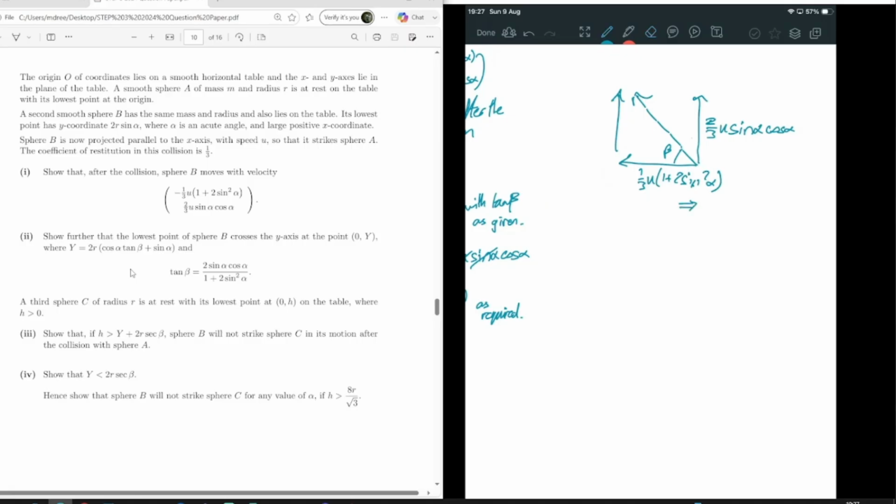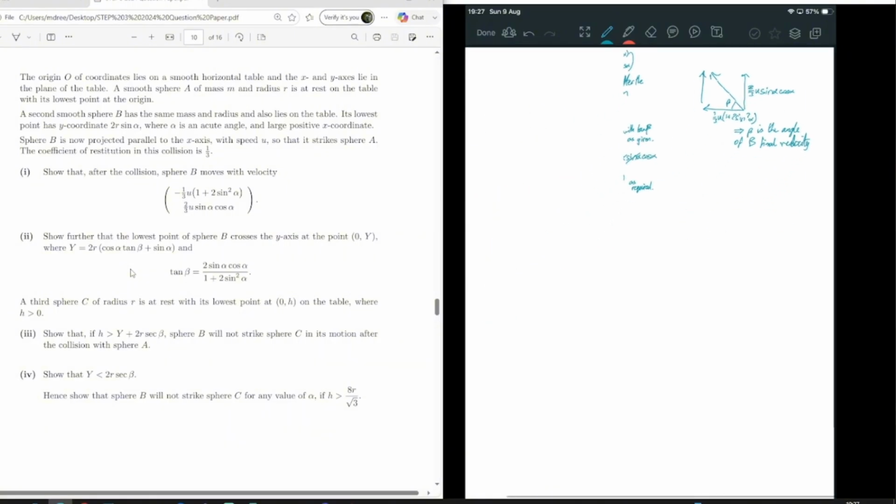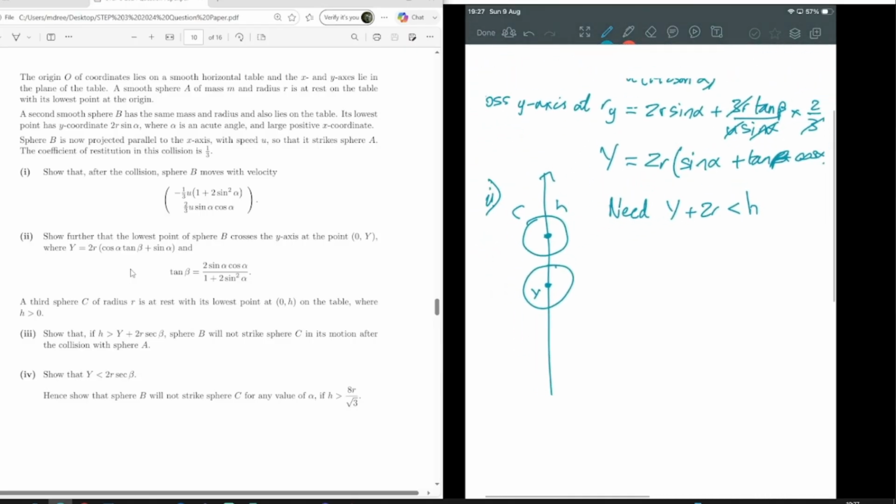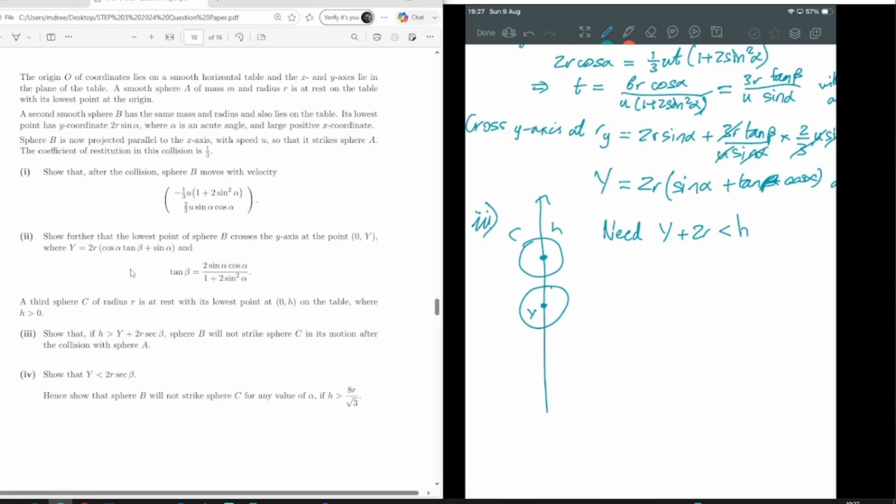So really this means that beta is the angle of B's final velocity. So now I've interpreted a little bit more what this beta is. I can go back to my picture here. So then this is B's velocity at an angle of beta.